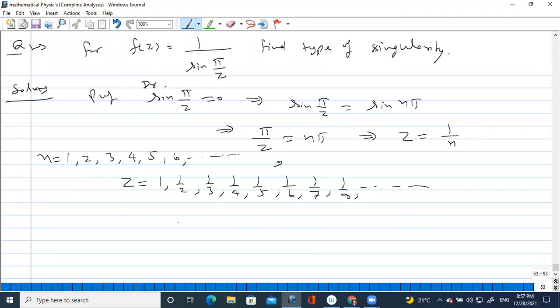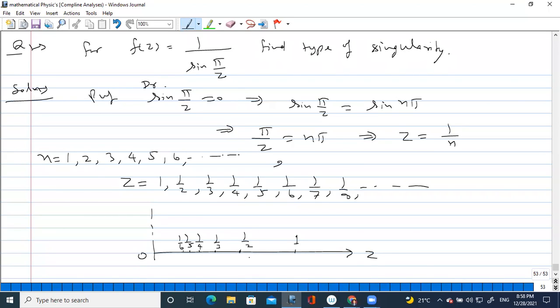Now suppose this is the z line. On that z line you want to draw them. This is the origin. So z equal to 1 is this point. After that 1 by 2 is quite far. After that 1 by 3 is nearby, 1 by 4 more nearby, then 1 by 5, then 1 by 6.